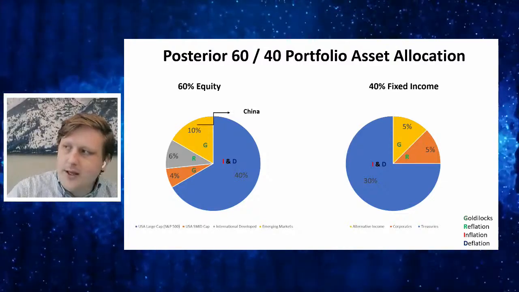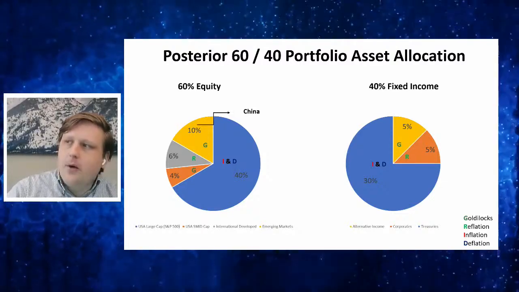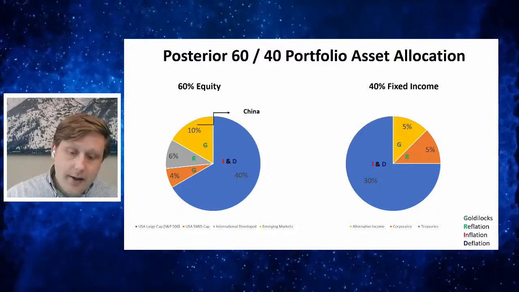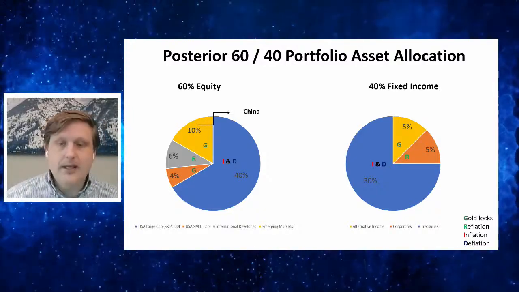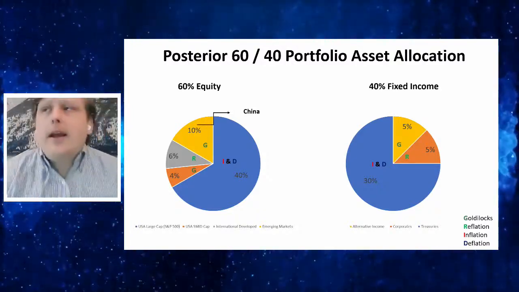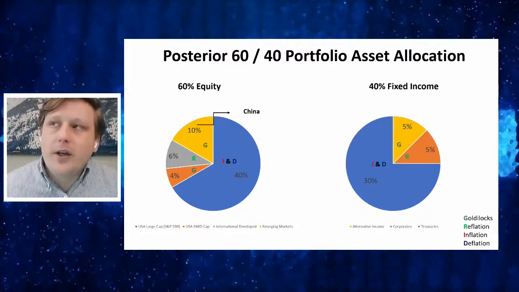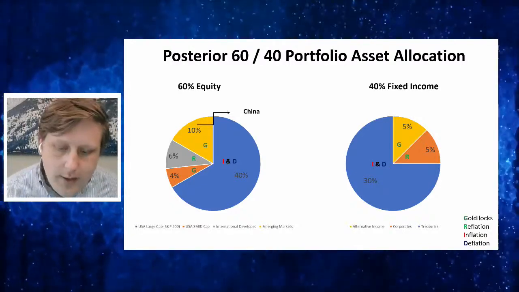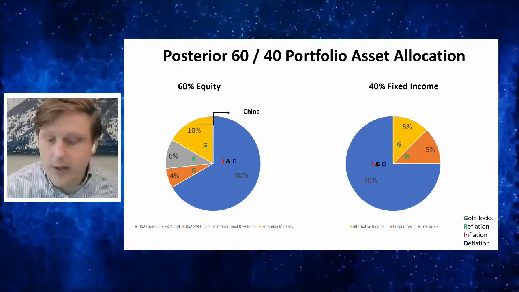I'll quickly say that in the macro world, you have two big players. You've got China and you've got the U.S. as the two biggest economies in the world. And I'm laser focused on China because they lead the world in recoveries because they're so aggressive.